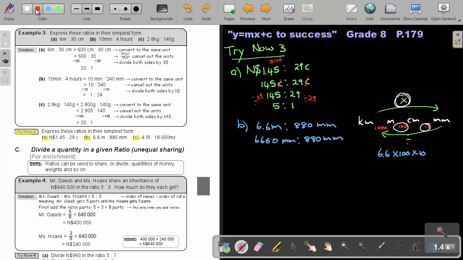And I wanted the units to cancel out. So basically, I have 6600 to 880. And if I simplify this, I'm going to get 15 to 2. You can again use your calculator to see what I divided by on both sides.